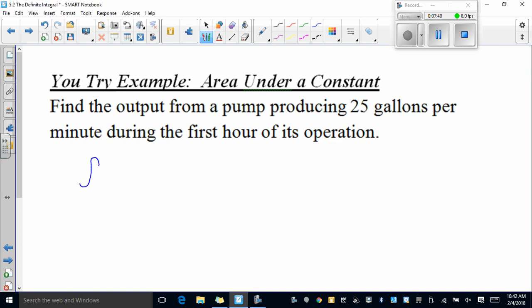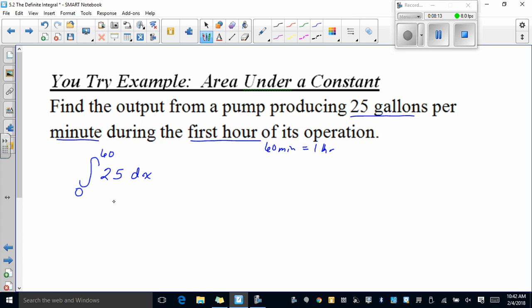So our limits of integration are going to be from the time it started until the 1 hour was over, 60 minutes later. So this is what you should have got when you set up your derivative or your integral. And so the answer in the end would be 25 times 60 minus 0, or 25 times 60. Again, put that into a calculator and you get 1,500 gallons.